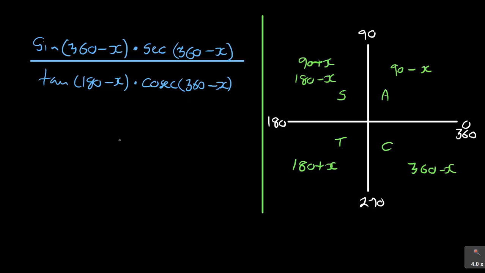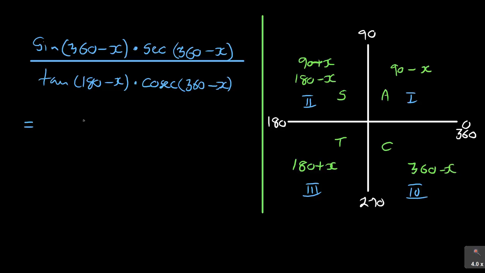Now, how do I solve it? Let's start with sin(360 minus x). I'm looking in the fourth quadrant. This is my first quadrant, this is my second, this is my third, and this is my fourth quadrant.